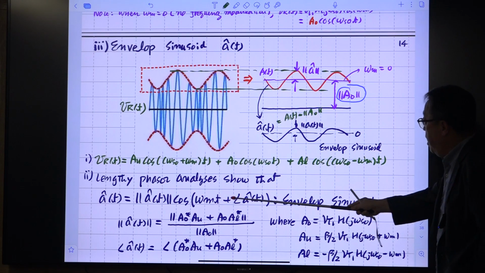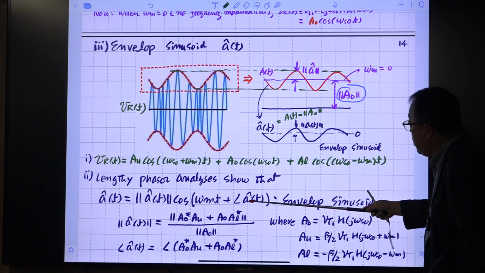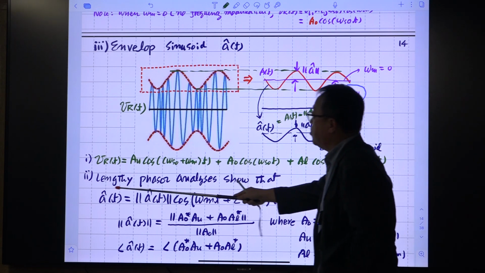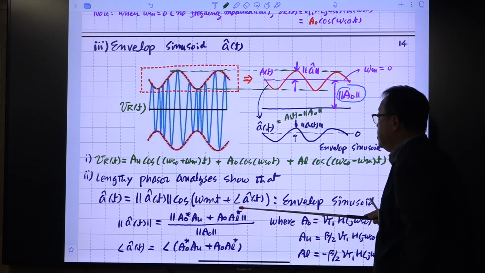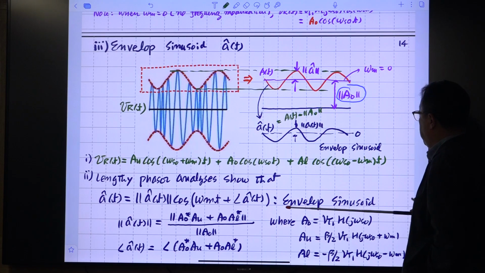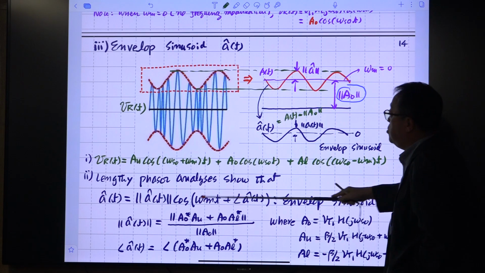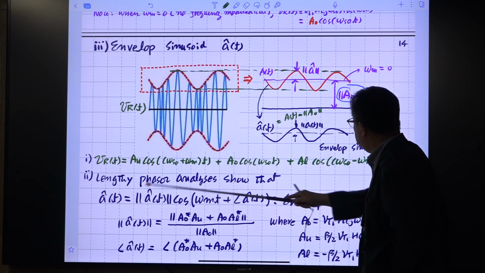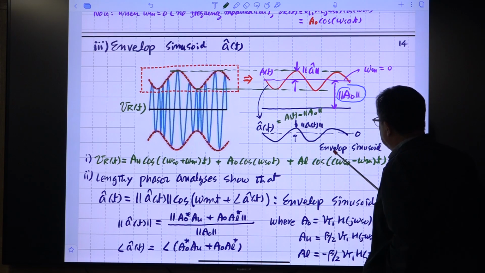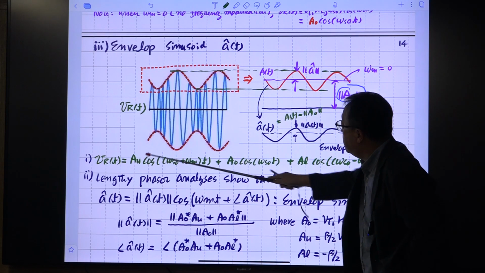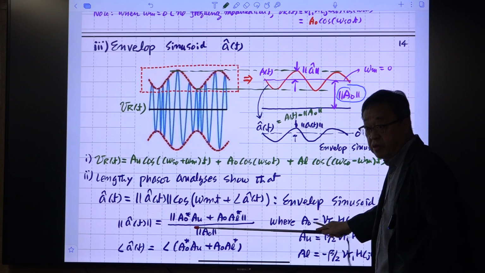Okay, and it has some phase component. So this is the expression for this one, and it's called the envelope sinusoid here.